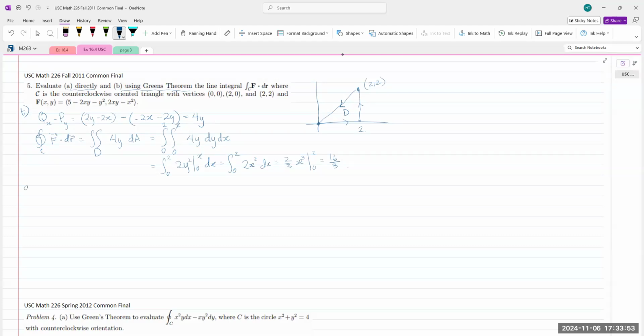Now let's do the harder one. If we don't use Green's theorem, we do it directly. Let's call the paths gamma 1, gamma 2, and then gamma 3.